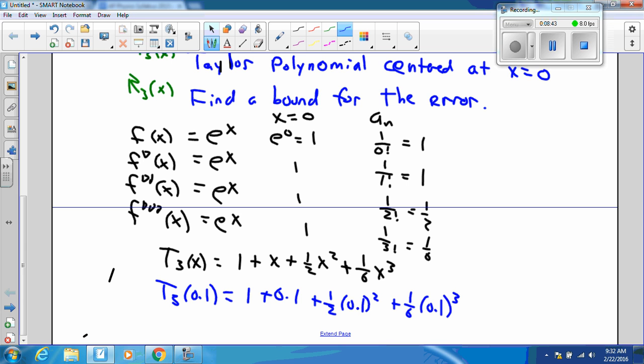Off the top of my head, I don't know what that is, but let's actually get a decimal estimate for that. And I get 1.105 and so on. That is the estimate.